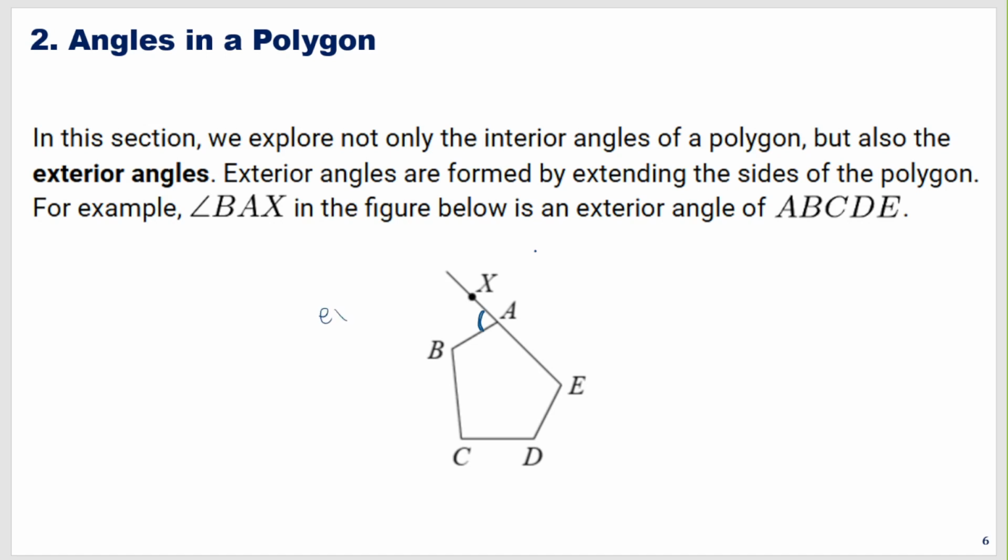Okay, this is called an exterior angle. And all these angles are the interior angles of the polygon. Are you clear?